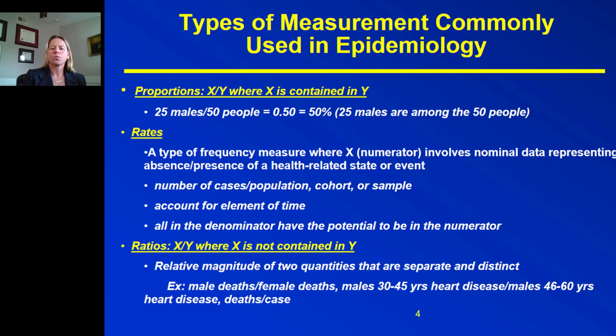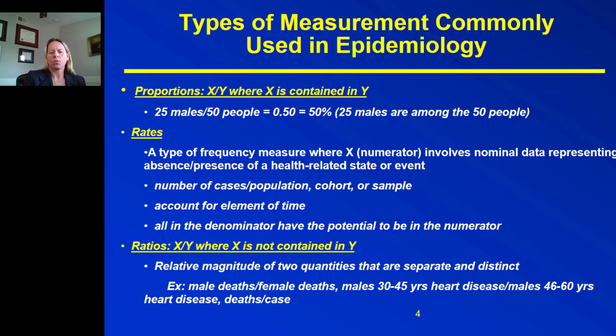And oftentimes rates are expressed as a unit of time. And all the persons or values in the denominator of a rate have the potential as well to be in the numerator as they do with a proportion. So really the key difference between a rate and a proportion is that rates, as I said, are often represented as a function of time. Person time, for example, is a common rate unit of measure.